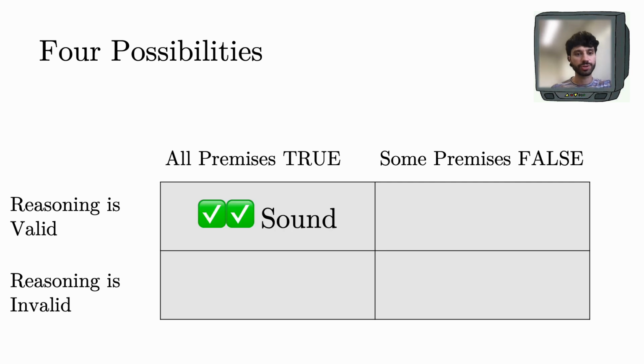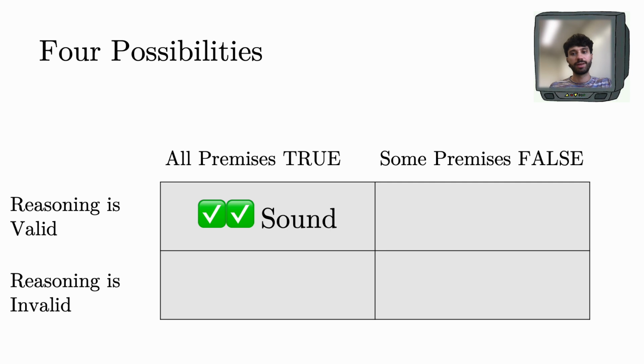Let's look at the first square. That's the best case scenario, right? If the reasoning is valid, that means the logic is good, then all the premises are true, then that's a sound argument. That's the best kind of deductive argument you can have.